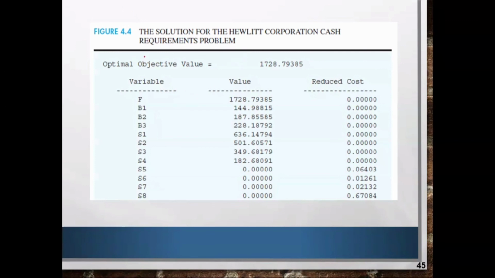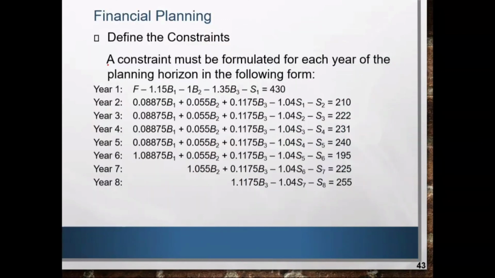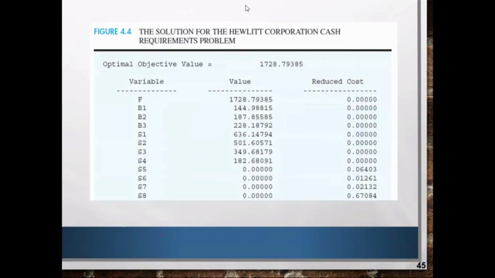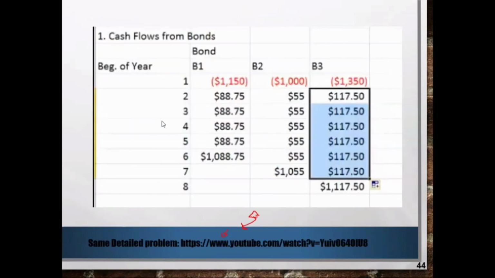When inputting in Excel Solver, this is an add-in feature of Excel. It does not come with Excel by default, but you can add Excel Solver to your Excel in order to compute these. First, the constraints need to be input in Excel.